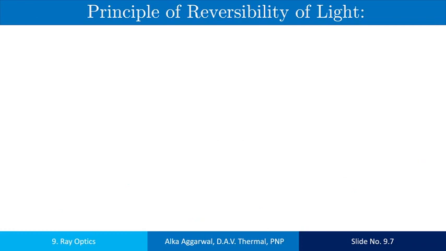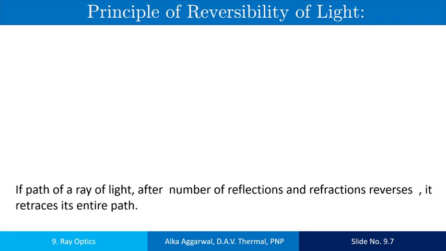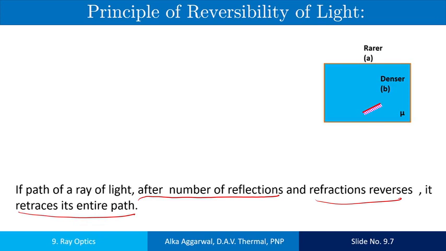Principle of reversibility of light. If the path of a ray of light after a number of reflections and refractions reverses, then the light retraces its entire path. What I mean to say is that the ray of light is refracted at this point, and this one is a mirror.